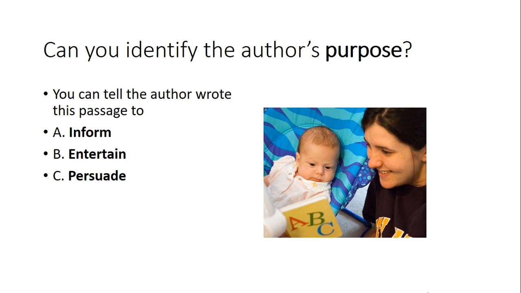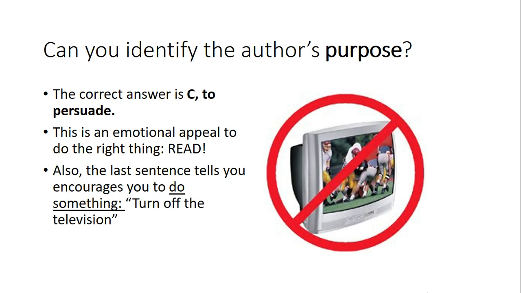And we're going to talk about different ways that authors use to get their point across, how they want to persuade you. This author wants you to read, and the last sentence is a call to action. They want you to do something. They want you to turn off the TV and they want you to read. And so that's their call to action. We want to persuade you to read.